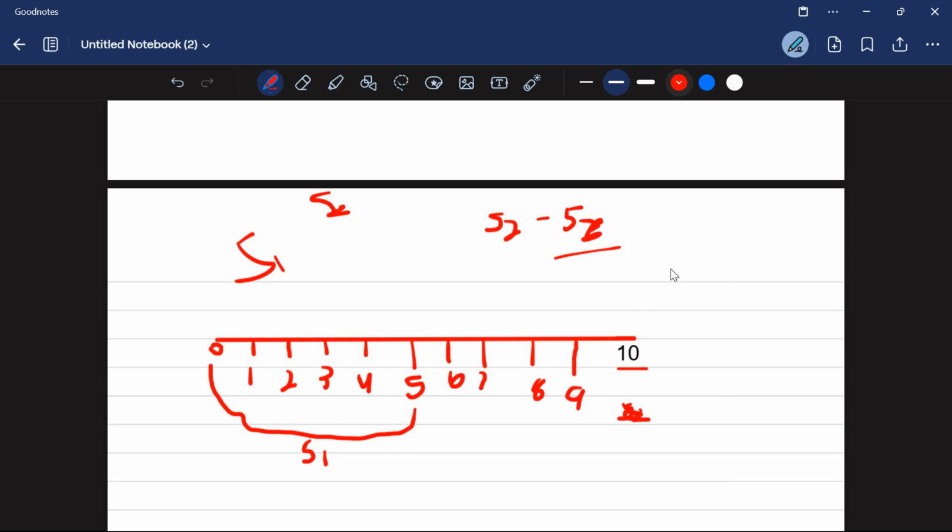Like we have the array 1, 2, 7. What subsets can we make? 1 we can make, yes. 2 we can make, yes. 3, 2 plus 1, yes, we can make. 4, is it possible to make a subset sum of 4? No, we cannot make it. 5 no. 6 no. 7 yes, 8 yes, 9 yes, 10 yes.